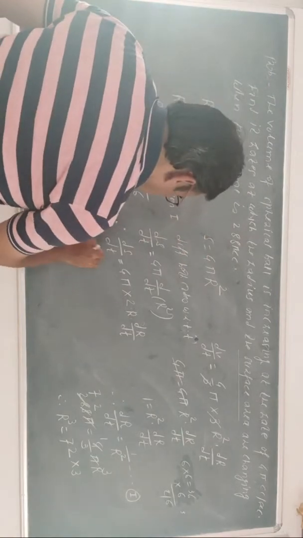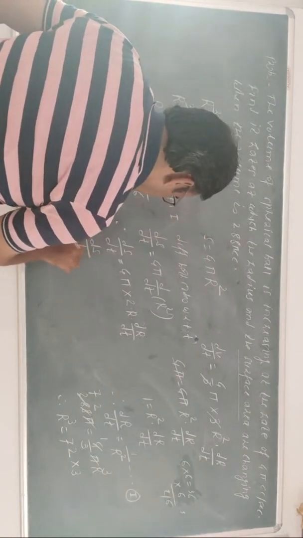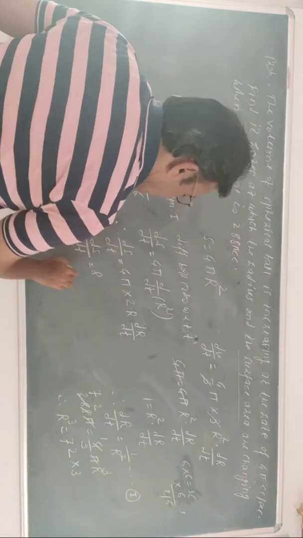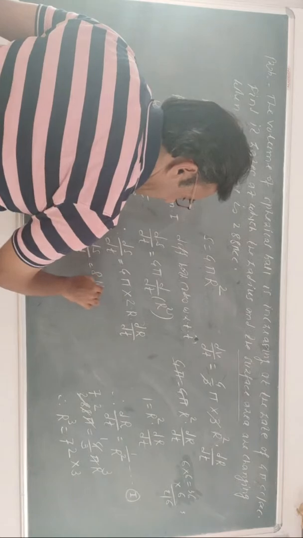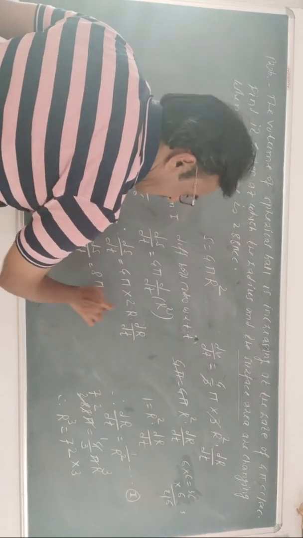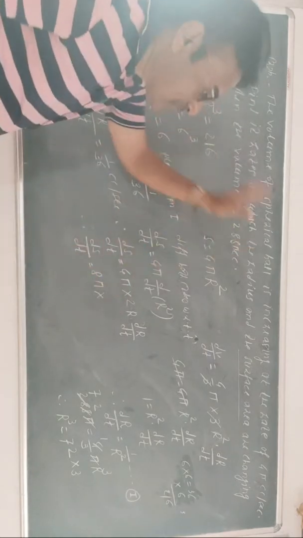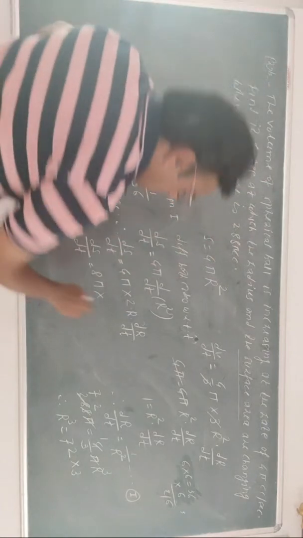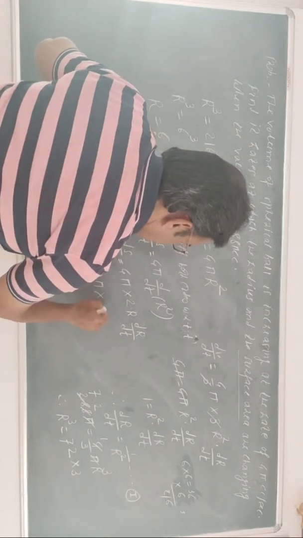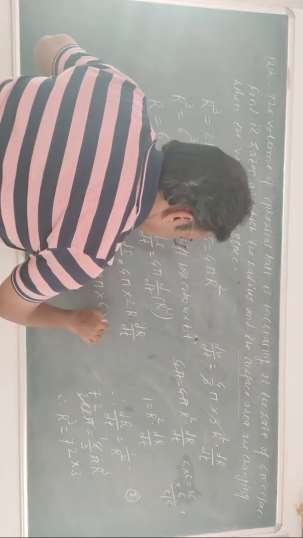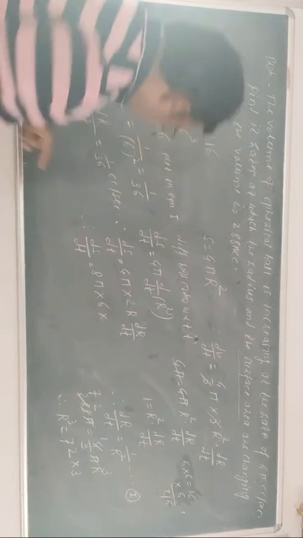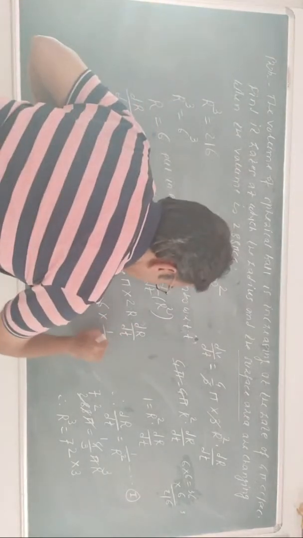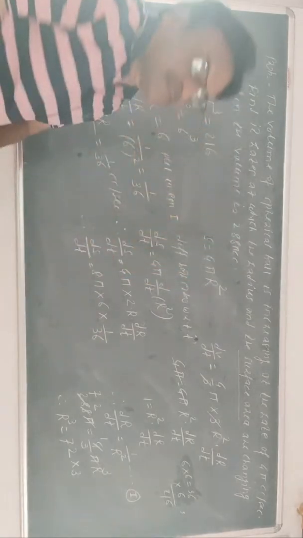Therefore ds by dt is equal to 4 into 2, so 8 pi as it is, into r, the radius of the spherical ball, which we already found is 6, so 6, into dr by dt, which we found is 1 by 36.